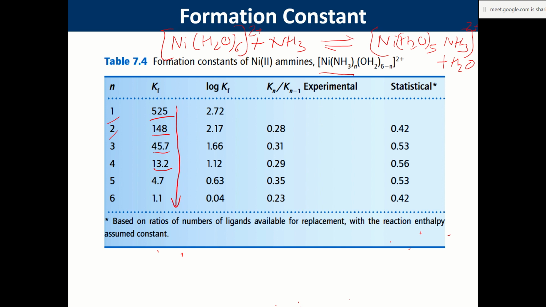This is a general trend: Kf decreases with replacement of each of these water molecules until you have all the Ni(NH3)5(H2O)... So this is the final step, where you have Ni(NH3)6.